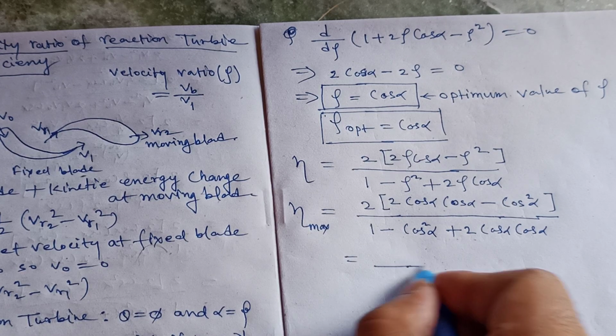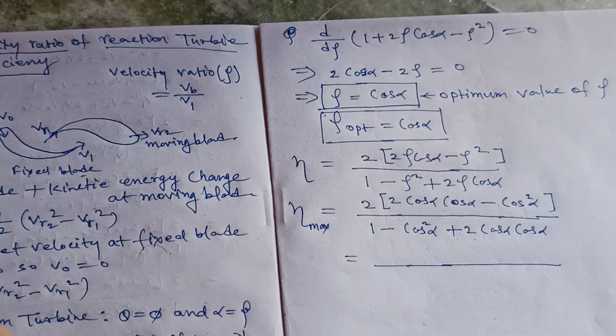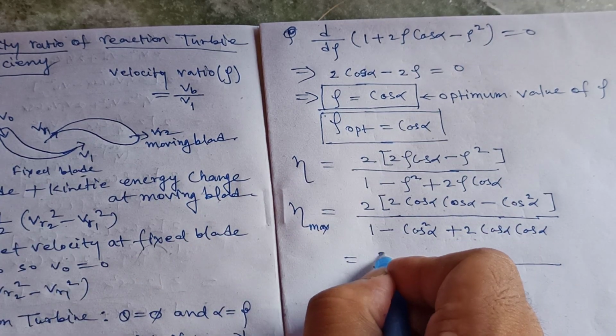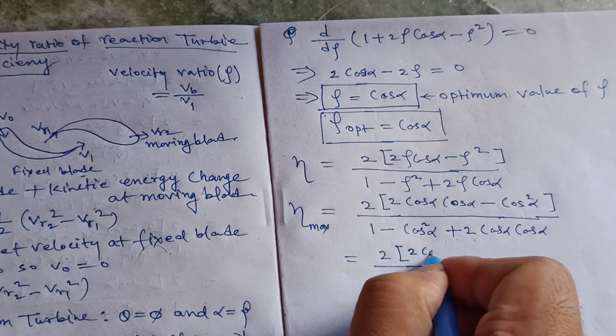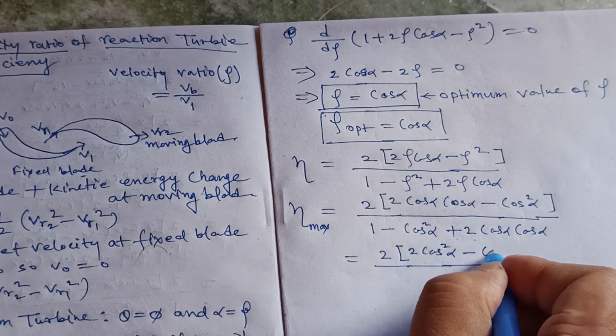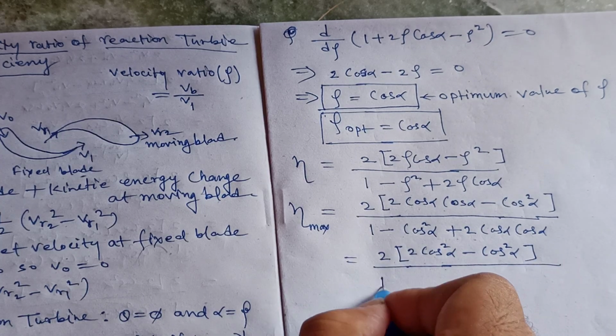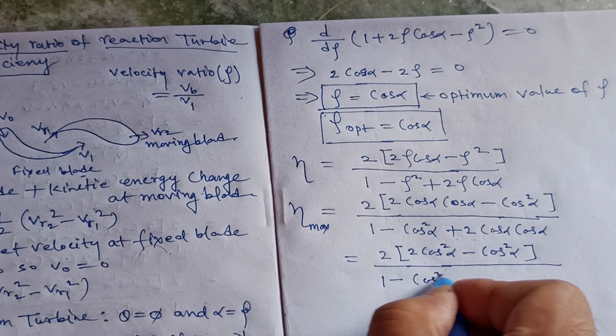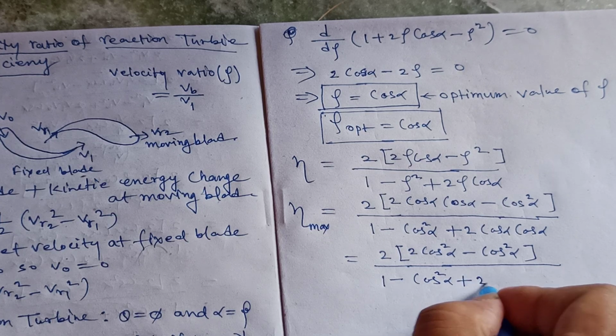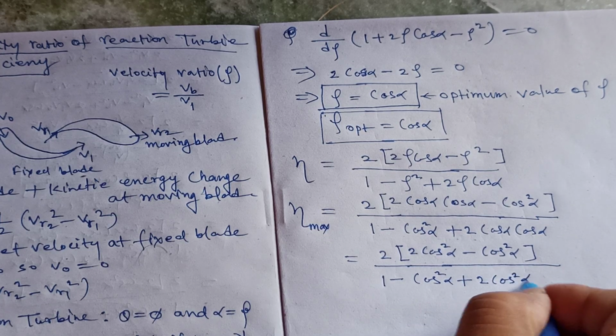This is 2 cos square alpha minus cos square alpha divided by 1 minus cos square alpha plus 2 cos square alpha.